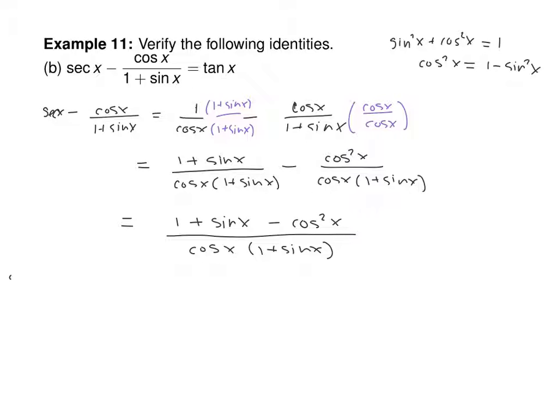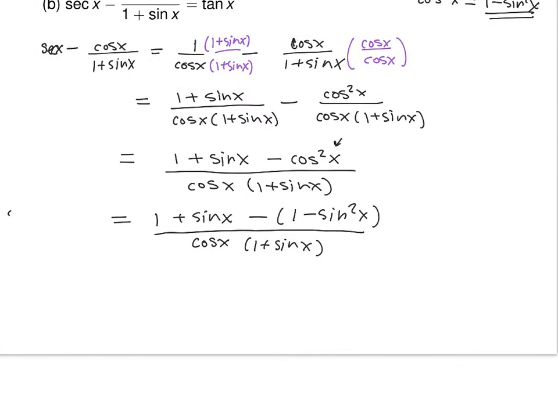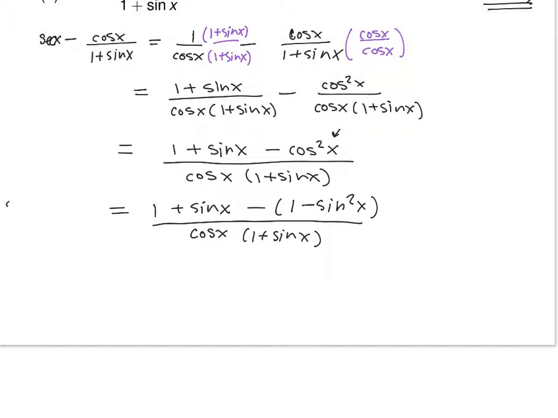So I'm going to plug in 1 minus sine squared x for this cosine squared x. And because I'm plugging in something that has two terms, you have to use parentheses. So 1 plus sine x minus (1 minus sine squared x) all over cosine x times 1 plus sine x. And we're actually really almost done now. It's not so bad.